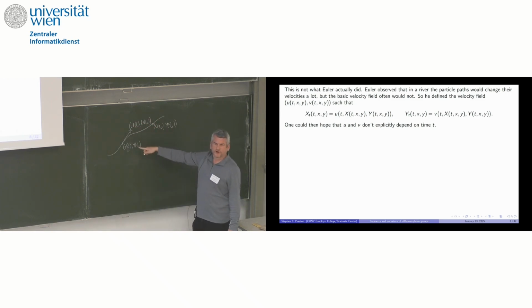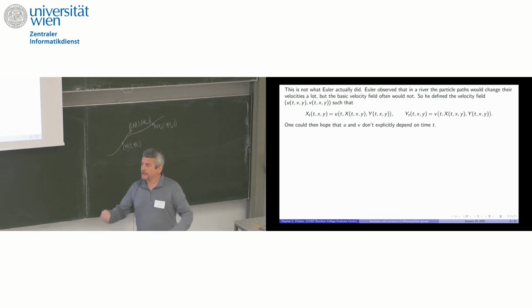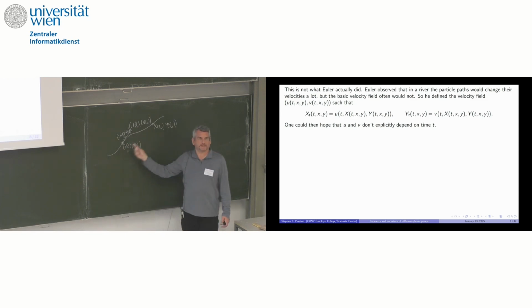And so, of course, as this particle moves around in space, this velocity keeps changing, and so you're going to get complicated equations. But what Euler was thinking was, if you watch a river and you watch just one point, a bunch of particles flow through this, but there's a basic velocity, little u of capital X and Y, little v of capital X and Y, and that's more likely to stay the same.